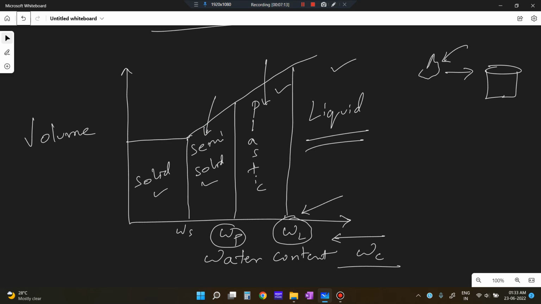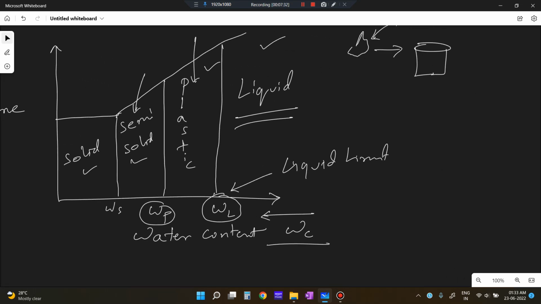In this semi-solid state, the soil will have no plasticity, and if pressure is applied, the soil will simply crumble. This WL is known as liquid limit, and this WP is known as plastic limit.